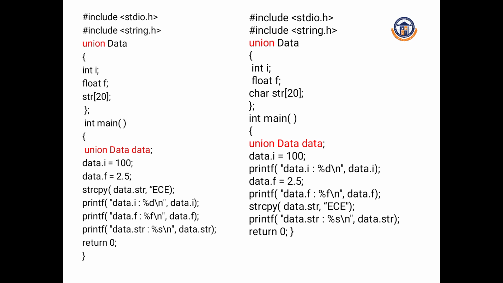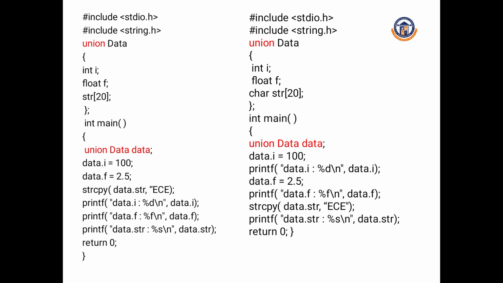In order to access a member, we need the member operator. When we are accessing the members of the union, it should be the variable followed by the member operator dot, followed by a member.